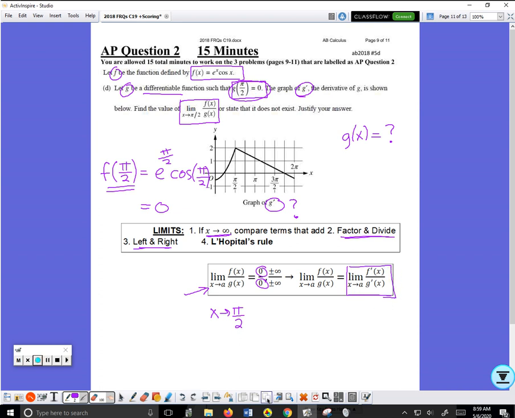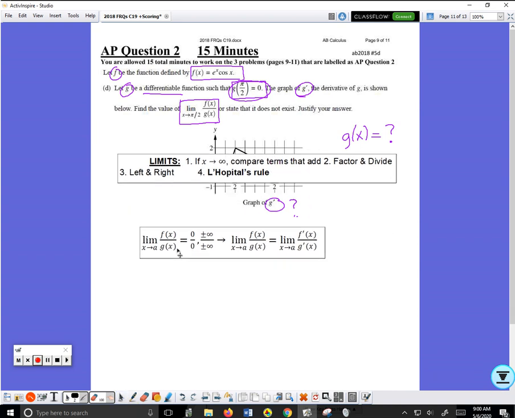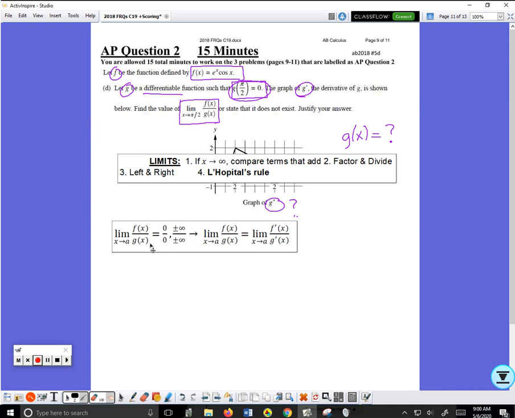Copy this over. All right, so I've got to create a new limit problem. Let's erase this and move this up out of the way. I need the derivative of f. So f prime requires the product rule.